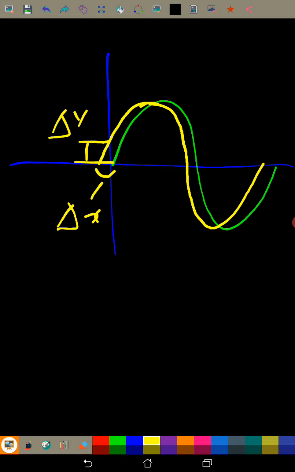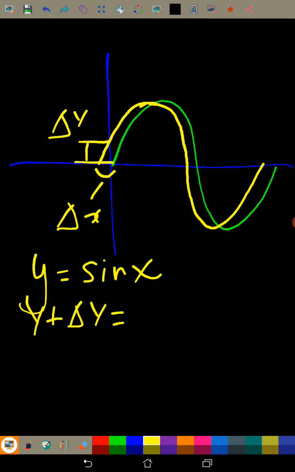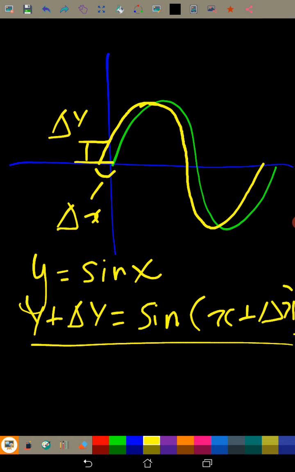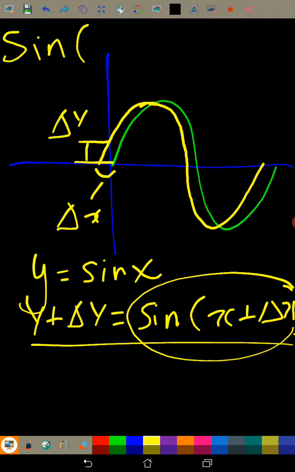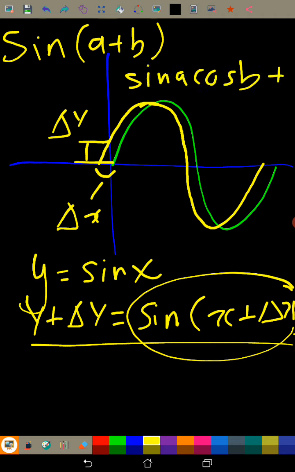Okay, and so then we have y is equal to sine x, and y plus delta y is equal to sine of x plus delta x. Okay, that's what we have. I think you know how to do this. We know that sine of a plus b is going to be sine a cos b plus sine b cos a.